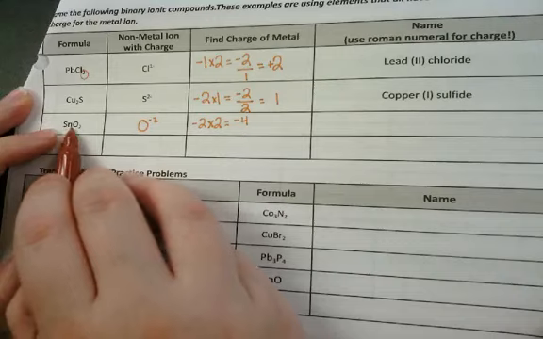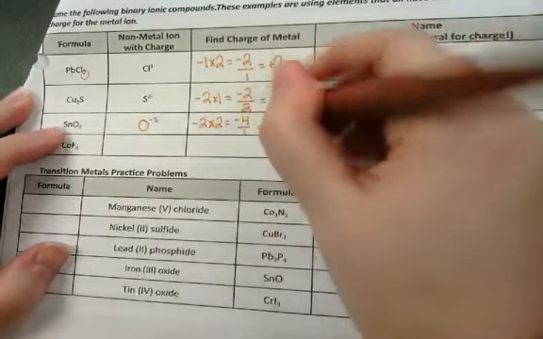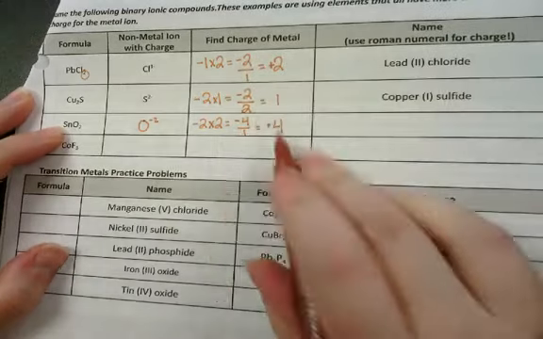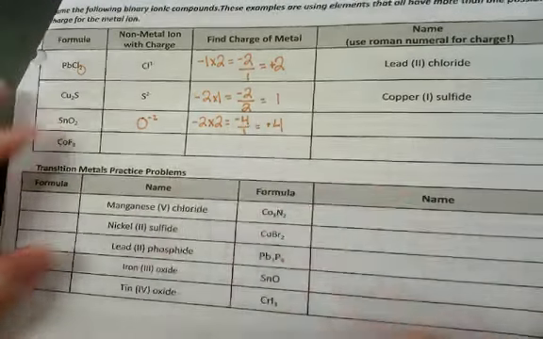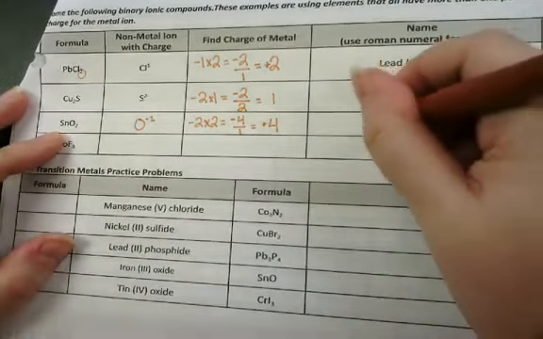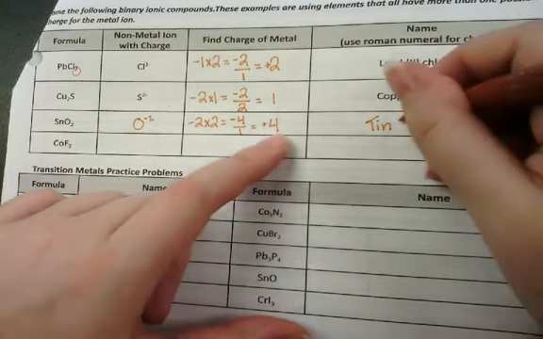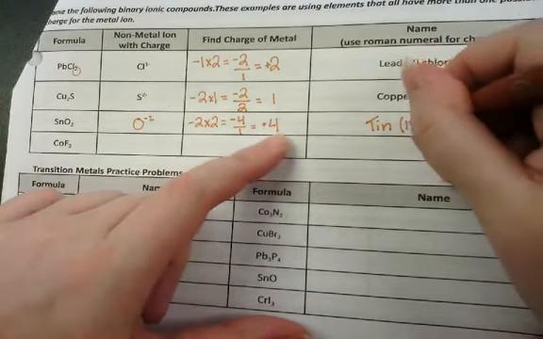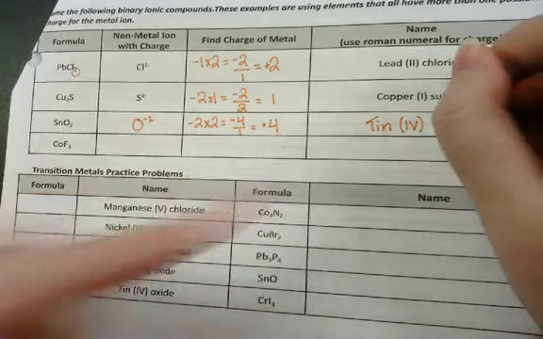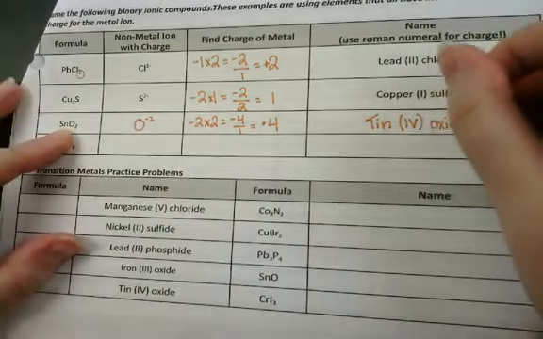I just have 1. So that means the charge of this tin has to be positive 4 to cancel out the negative 4. Sn, that is tin. And we figured out that the charge of tin is 4, so in Roman numerals, I'm going to put the Roman numeral IV. And then oxygen becomes oxide.